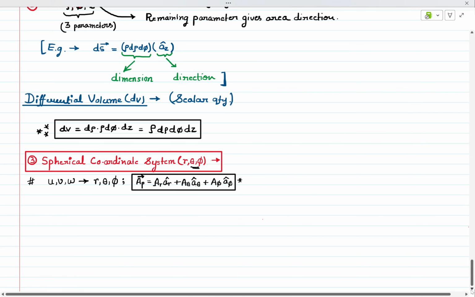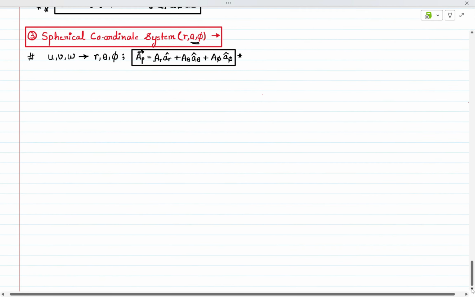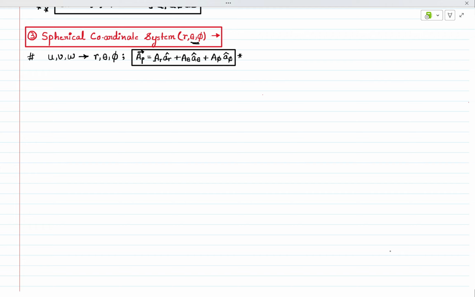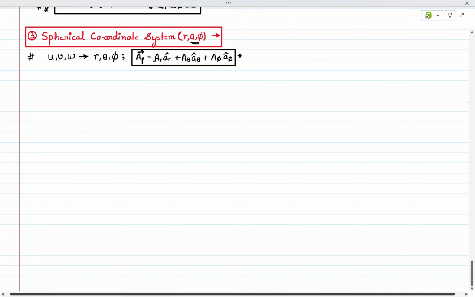Now, before discussing the positional vector more, let me draw the spherical coordinate system first. How does this spherical coordinate system look? Just a minute.